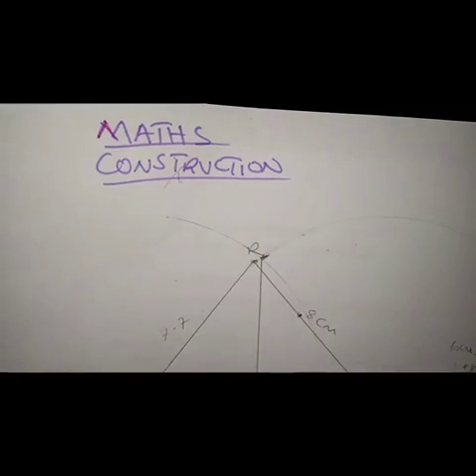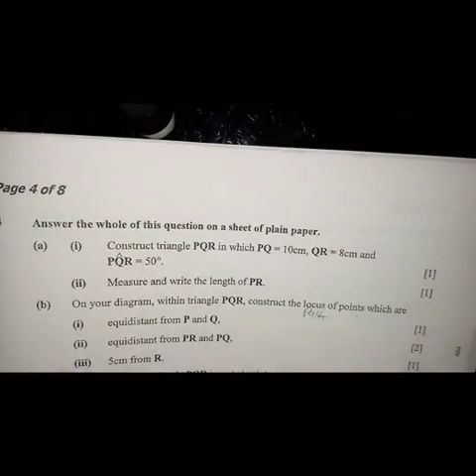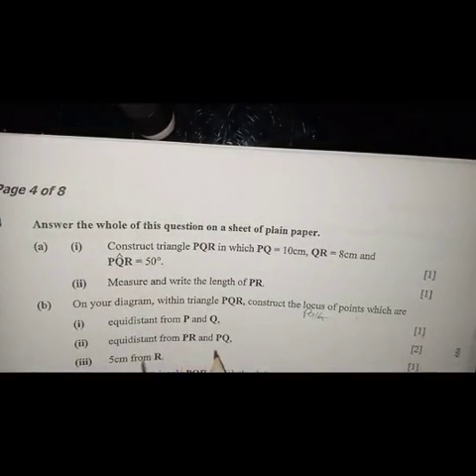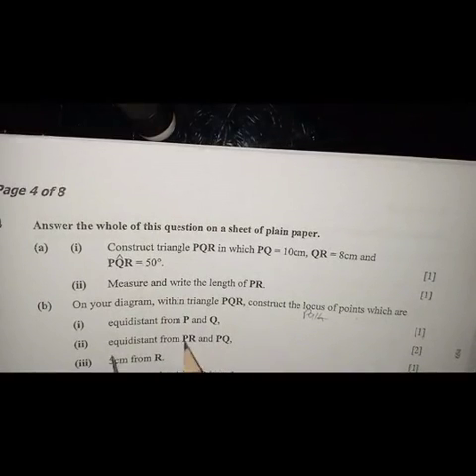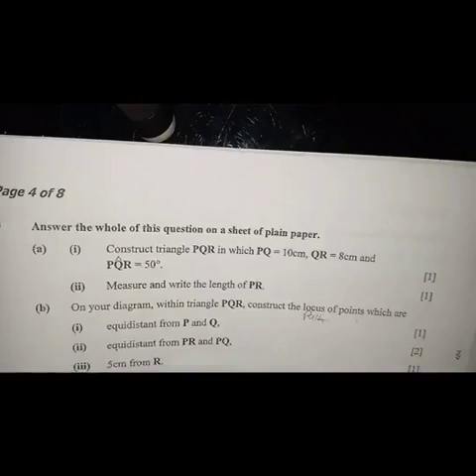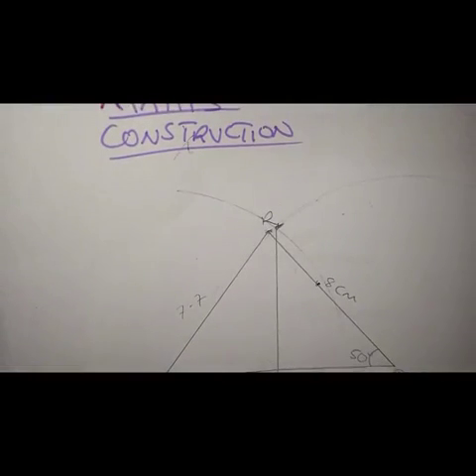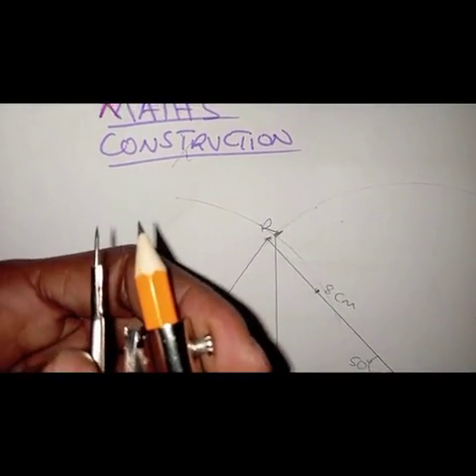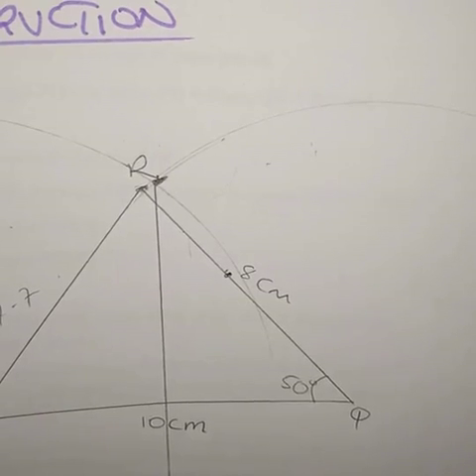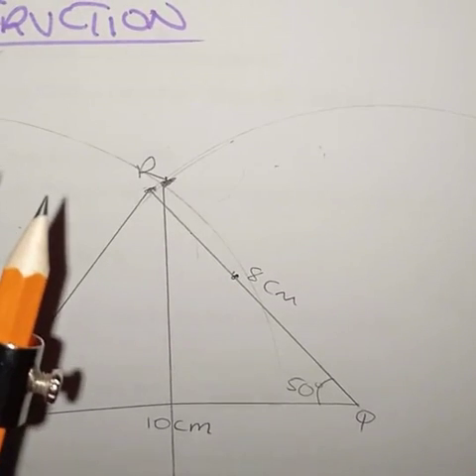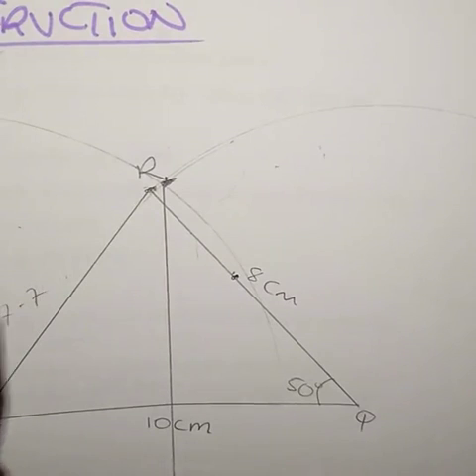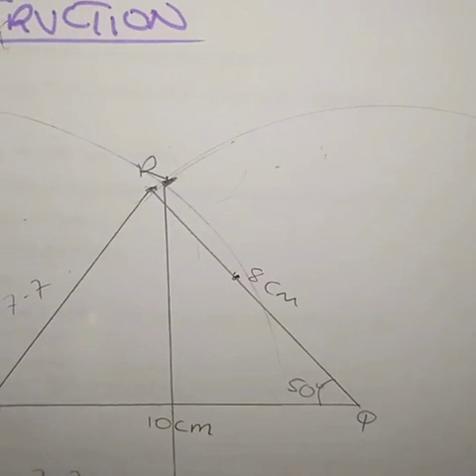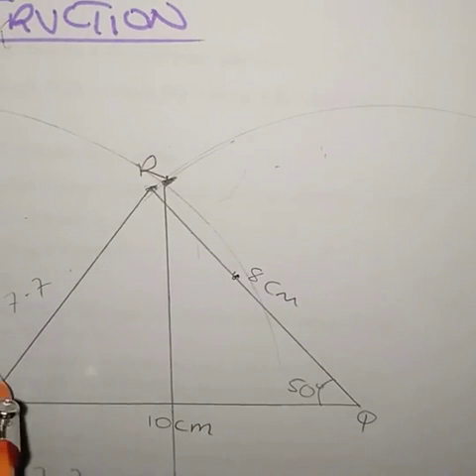So now this is the question you're talking about, PR and PQ. So middle letter, common letter is P. So you go on P, you reduce it, approximately reduce it. So you reduce it this much, approximately. So you draw, you go on P, you draw your locus.